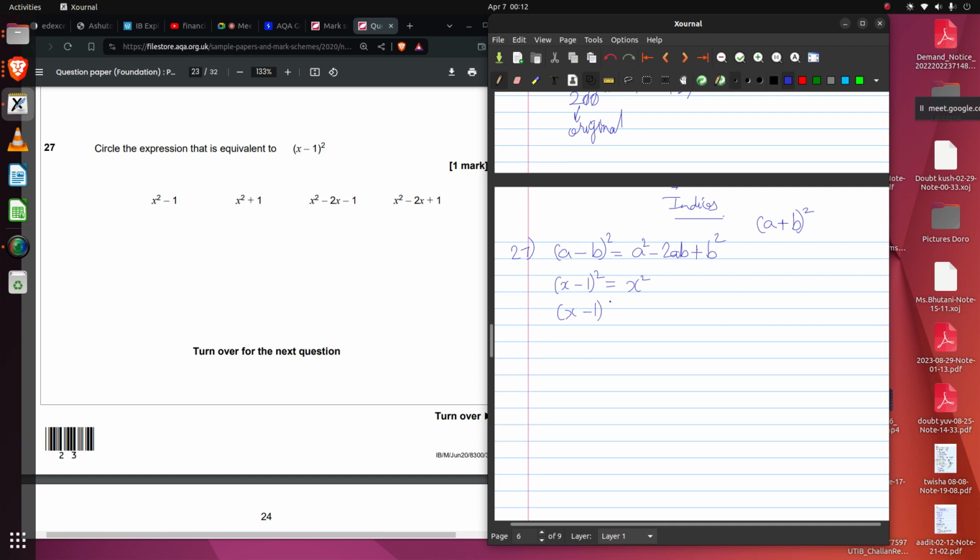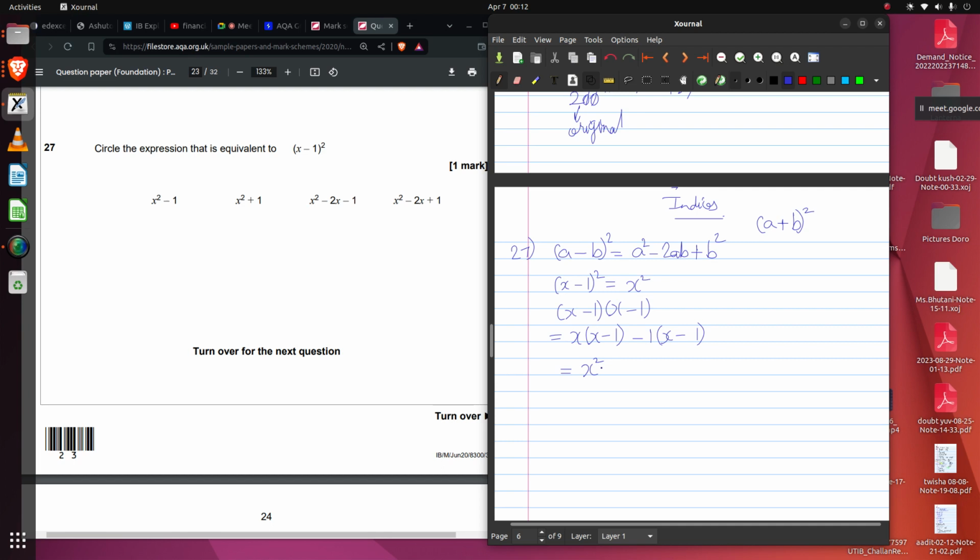You know how to multiply two brackets. So let's do that. It's x squared. We do step by step. Or do you have another way? I just multiply both of them.